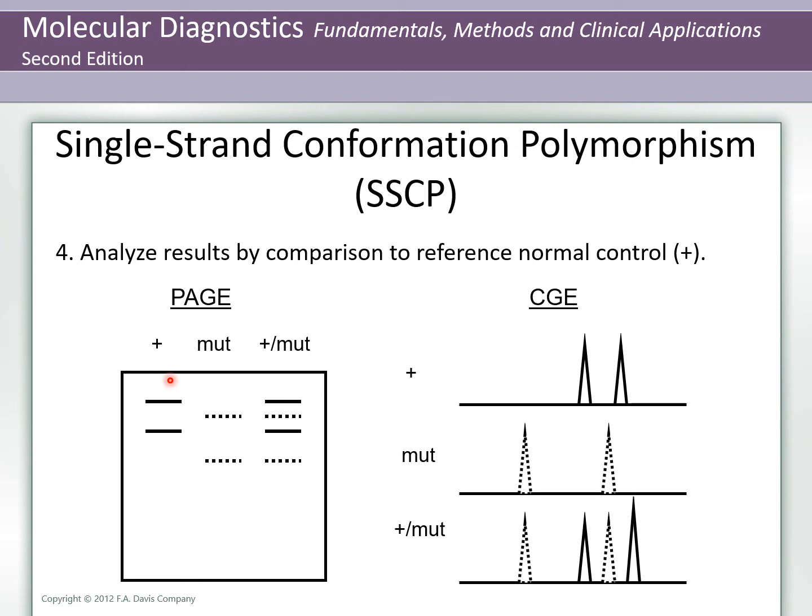The dotted line mutation appears in the middle lane, and the last lane in which both the normal control DNA is present along with the mutation, indicating the patient is positive for the gene mutation. The capillary gel depicted in this right figure shows the same results just in peak form versus the bands seen on the gel electrophoresis.